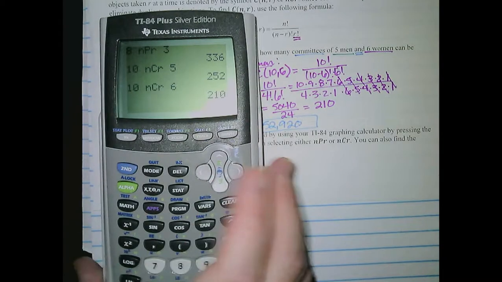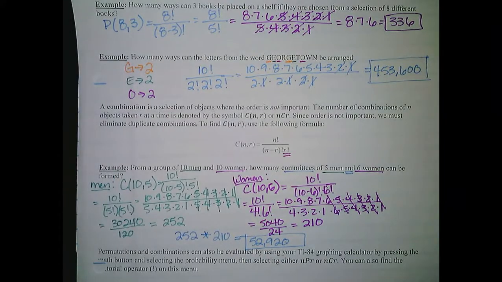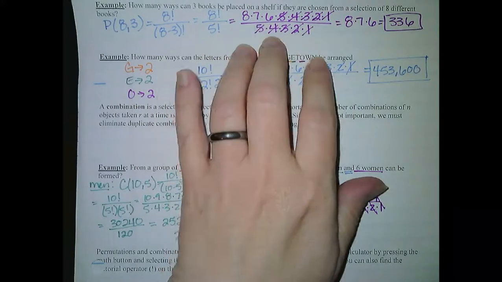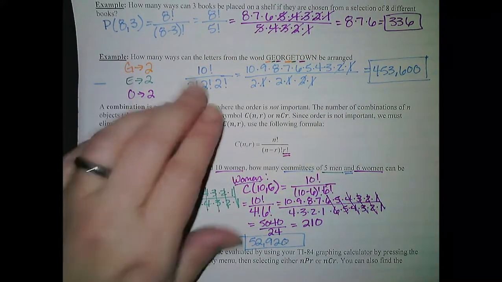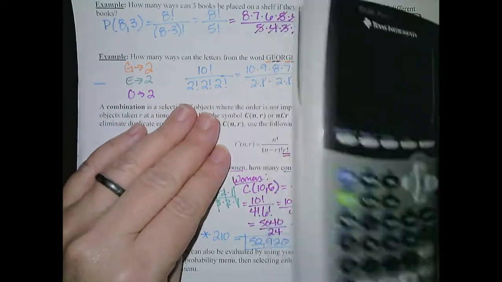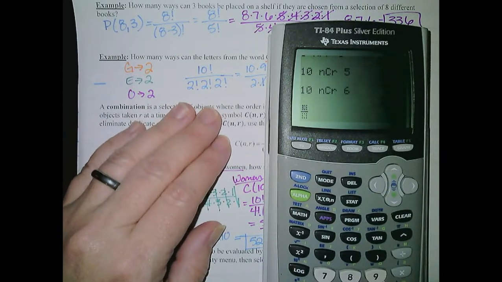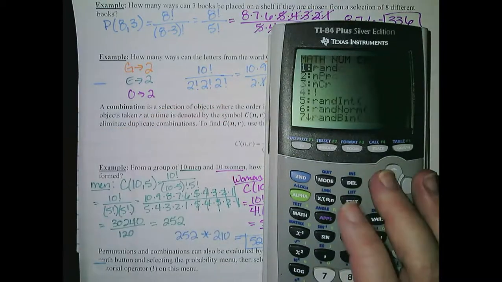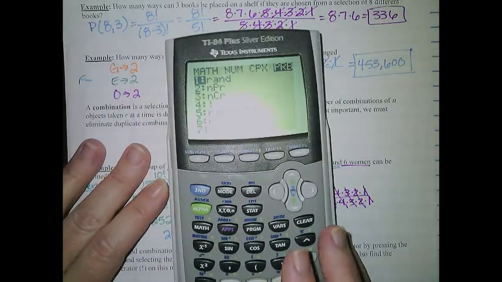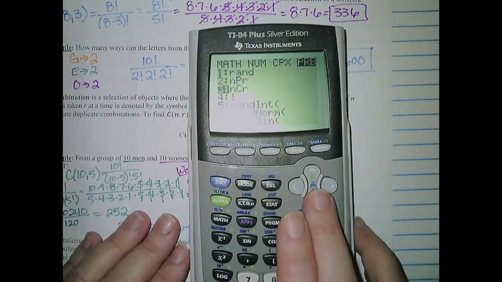And finally, if we have something like our permutations that have objects that are indistinguishable, we can still evaluate that using our factorial key without having to go through all of this process of writing out and simplifying each factor. So for that middle example, the letters from Georgetown, I could type that in as a fraction if I wanted to. On top, I have 10 factorial, so I type in 10, and then I go to my probability menu. And this time I'm just choosing the factorial, which is option number 4.